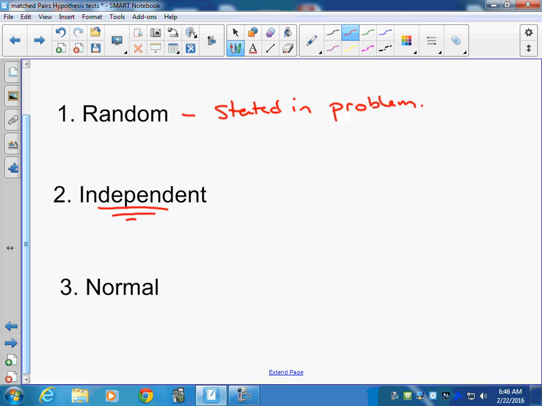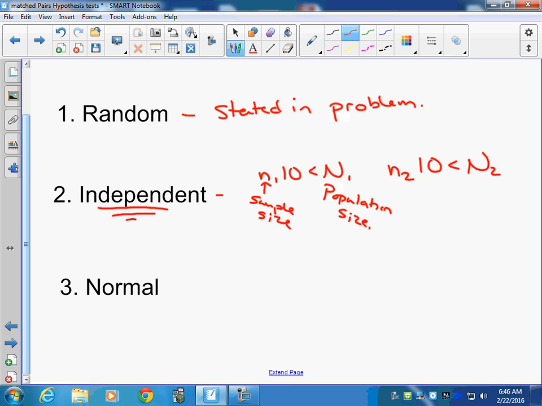But in a matched pairs, it's the independent portion which is tipping you off to using a different method overall. Normally when we're looking at independence, we're going to do n1 times 10 less than or equal to population size 1. So remember, we have sample size compared to population size. And we would do that for our second sample, n2 times 10 less than or equal to population 2.